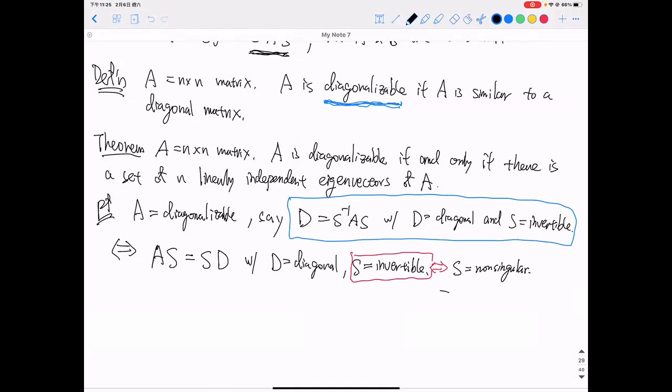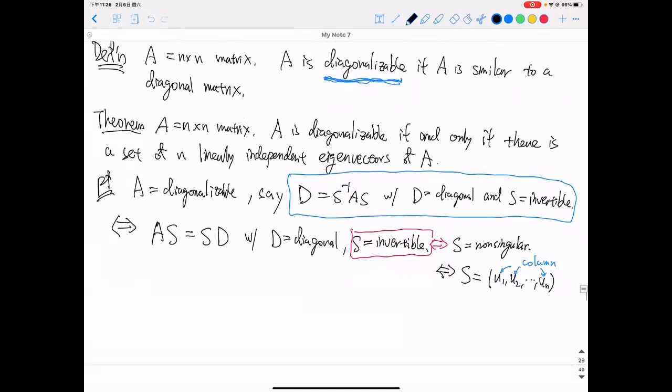This is also equivalent to the following statement: if I write my S in column form u1, u2, through un, with these guys columns, then being non-singular means that the columns are linearly independent.